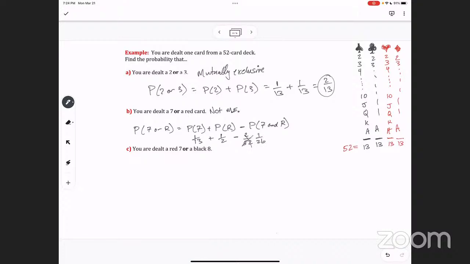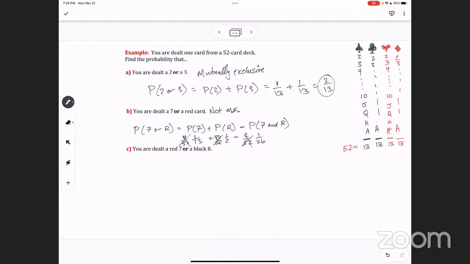Remember, we're just reducing those. You could have said 4 out of 52, but that reduces. You could have said, like you did, 26 out of 52, but that just reduces to 1/2.